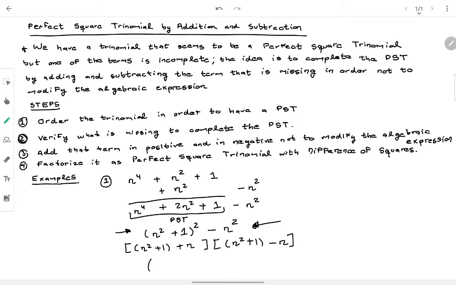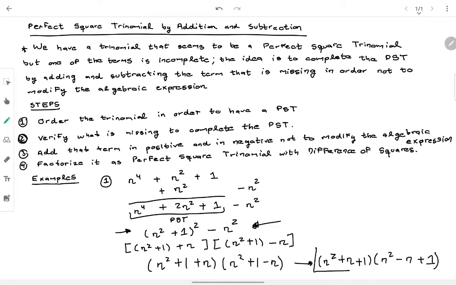So we will have something like n squared plus 1 plus n. In the other one, we will get something like n squared plus 1 minus n. So if I order it correctly, it's going to be n squared plus n plus 1 that multiplies n squared minus n plus 1, and that is going to be our actual answer.